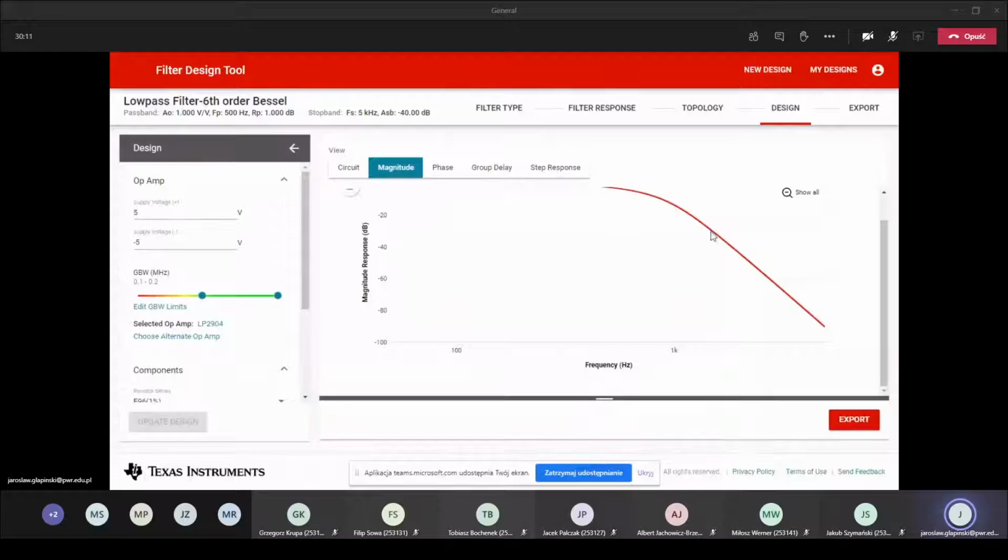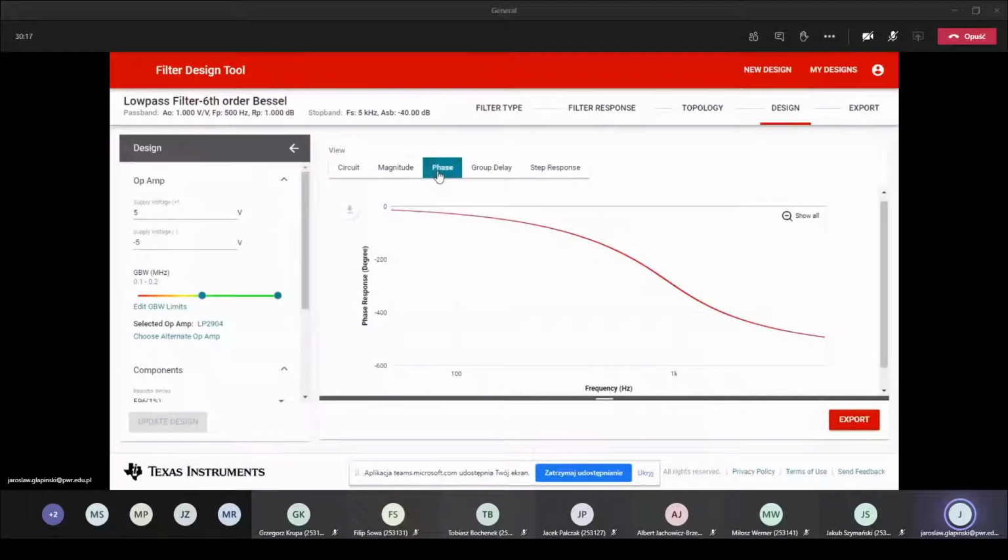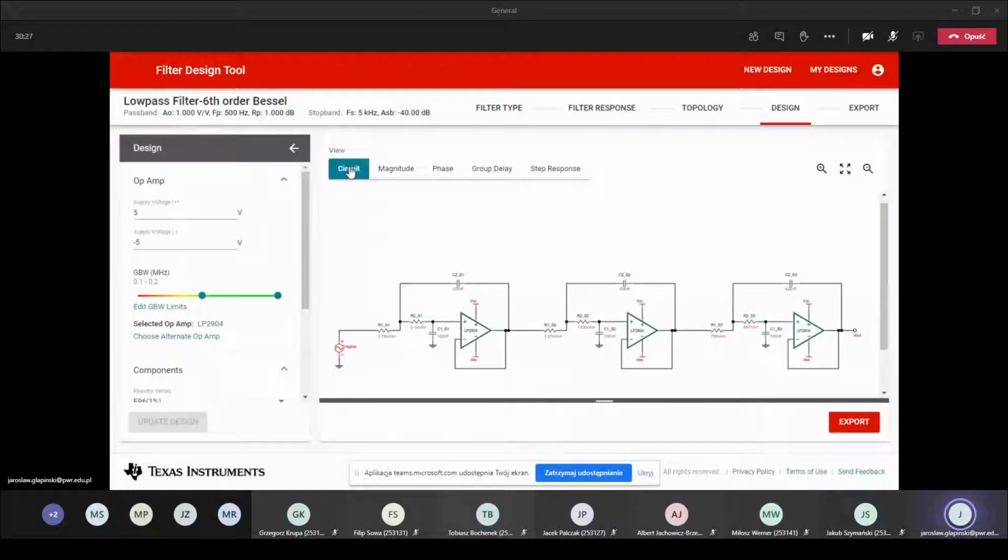This is the response of the designed filter, and of course the phase, which depends on the frequency. So using such tools, we can calculate what we want.